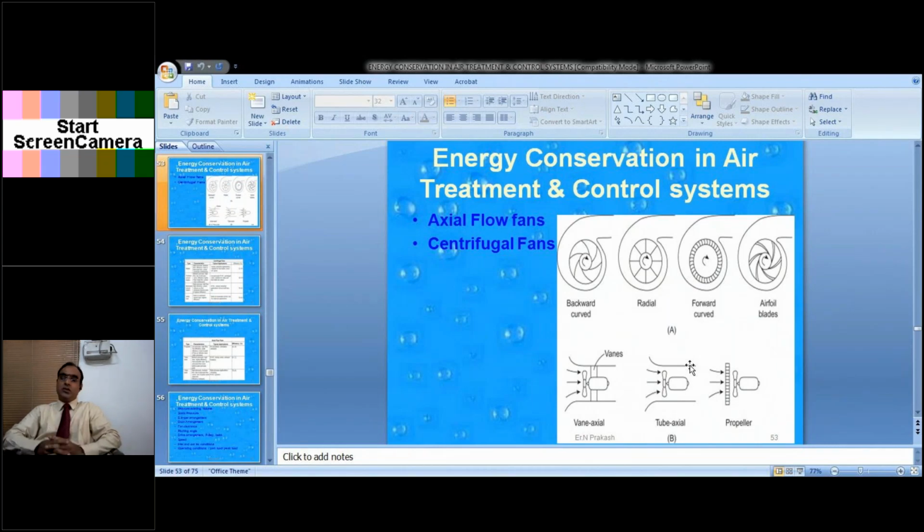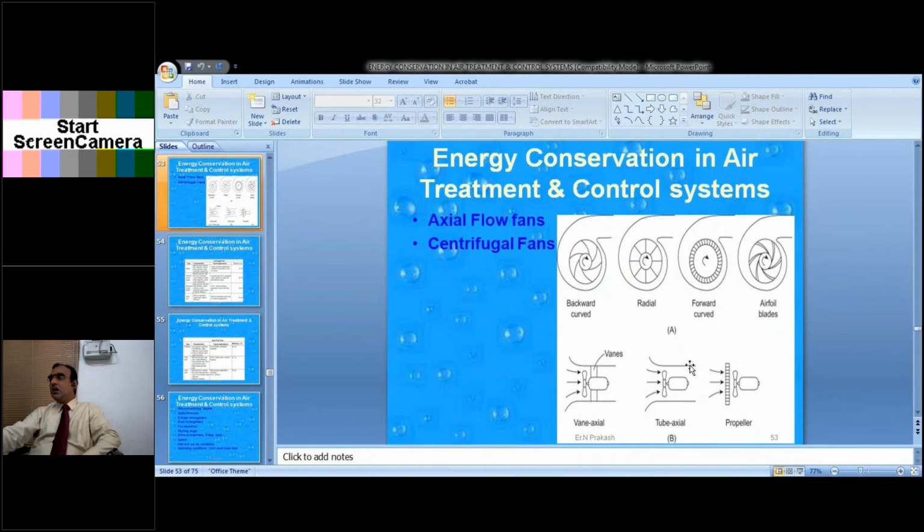In vane axial also there will be a casing, but again there will be guiding vanes at the back before the start of the air movement. The vanes guide the air equally to the impeller. So it is the most efficient fan in the family of axial flow fans.